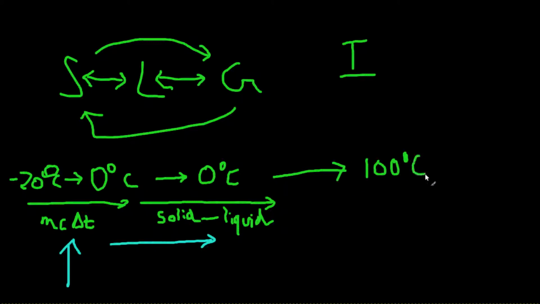This conversion is again going to take MC delta T energy in the form of heat. And again, you'll observe the same thing, that when it reaches 100, the liquid is going to slowly start to expand and go to its vapor form, but the temperature is going to remain constant at 100 degrees Celsius.